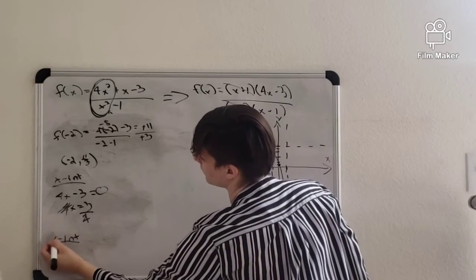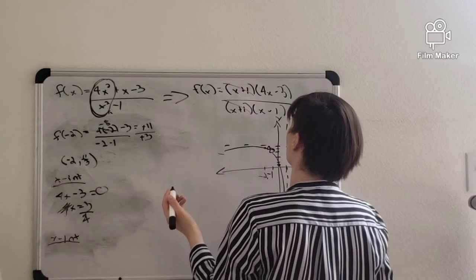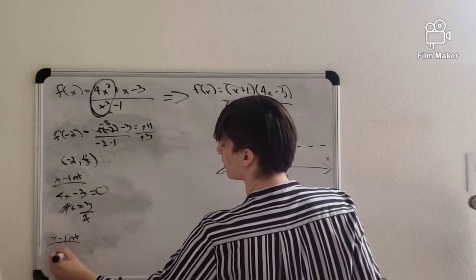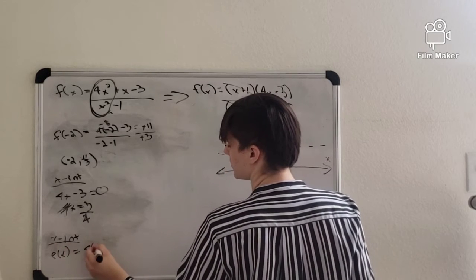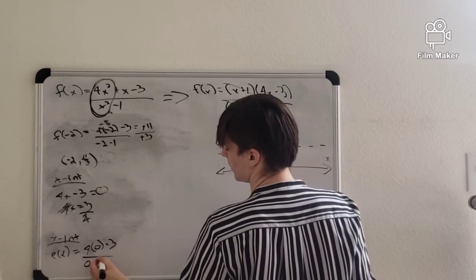And then our y-intercept is when x is equal to 0. The x component is equal to 0, which is 4 times 0 minus 3 over 0 minus 1.